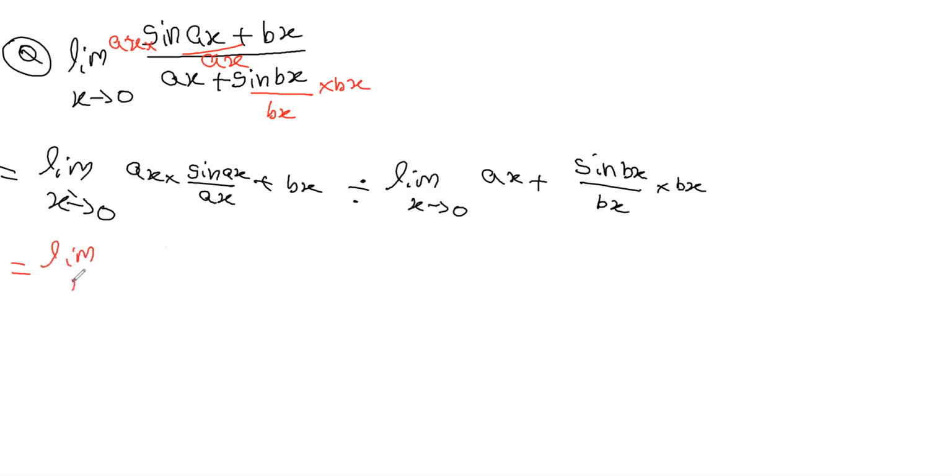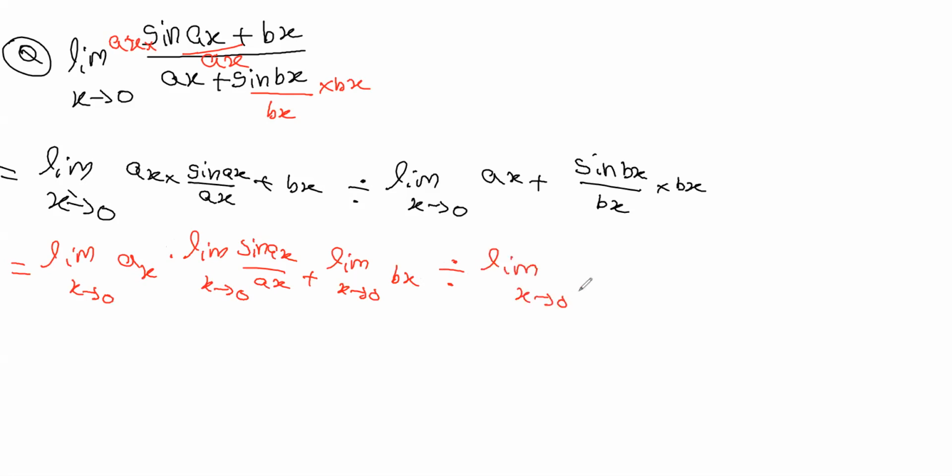So limit x tends to 0 of ax into limit x tends to 0 of sine ax by ax, plus limit x tends to 0 of bx. Likewise for the denominator: limit x tends to 0 of ax plus limit x tends to 0 of sine bx by bx into limit x tends to 0 of bx.